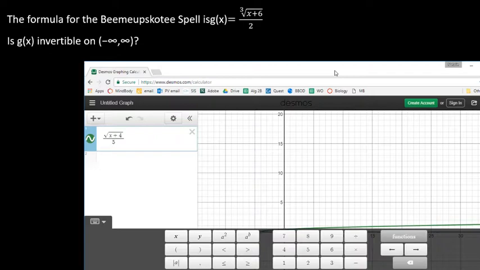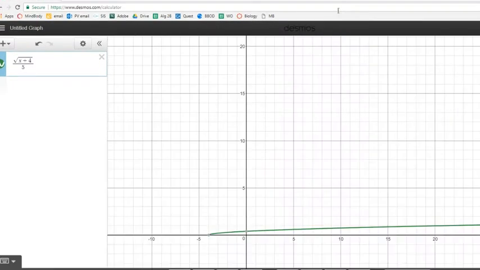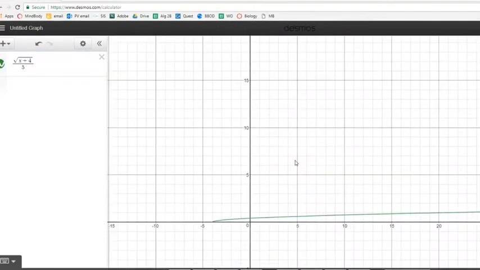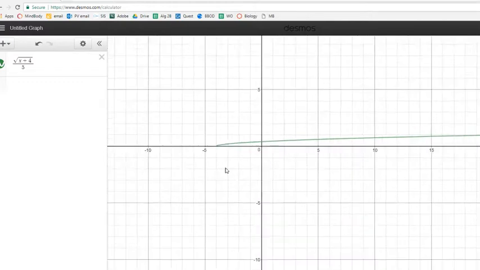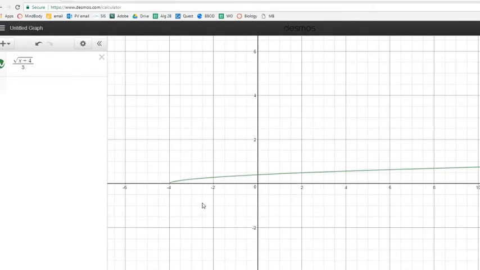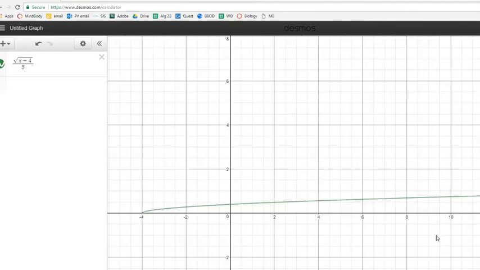So, all right, take a look at this. I'll even leave it to you: is this invertible? So picture that horizontal line test I spoke about. Would this pass both a vertical line test ensuring that it's a function and a horizontal line test ensuring that it's one-to-one?